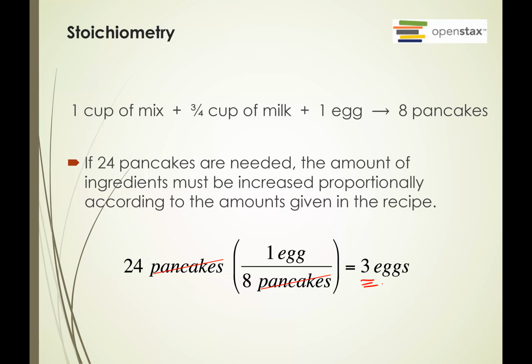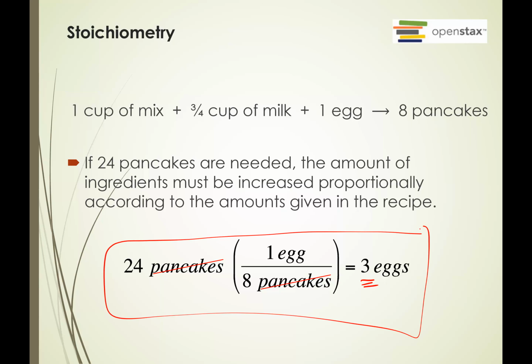If I said triple the recipe and the recipe had 1 egg, you would be like, oh, I need 3 eggs. But the actual brain math that you're doing, you're just doing it in your brain. We're going to be doing that exact same thing with chemistry, but we need to actually use chemical equations. So it's not so easy to do in our brain necessarily.